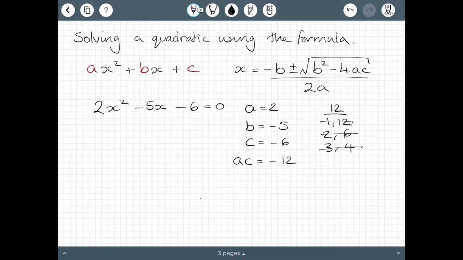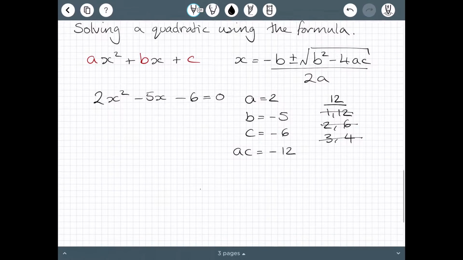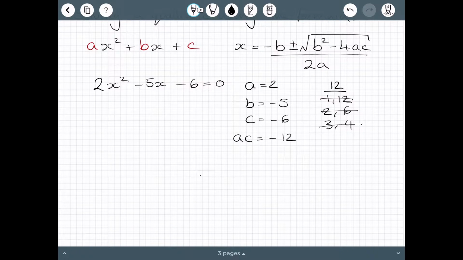Now the formula is written down at the top here. However, what I like to do first of all is work out the discriminant, and the discriminant is b squared minus 4ac. It is much better to work this out separately and then substitute the answer into the formula. The discriminant can take three values.